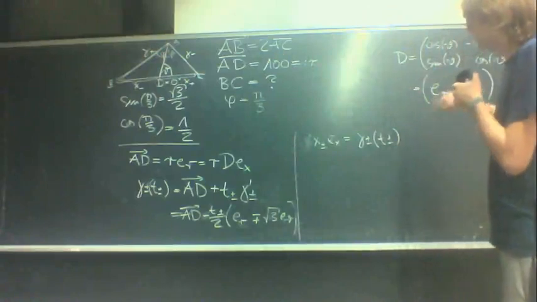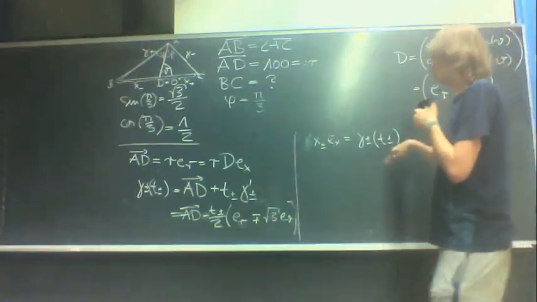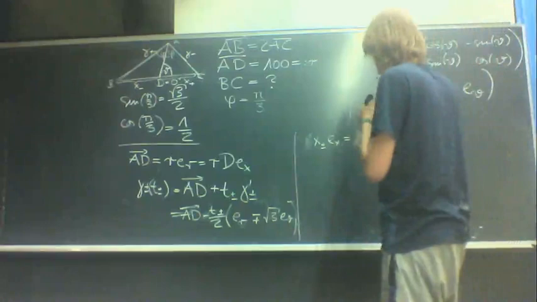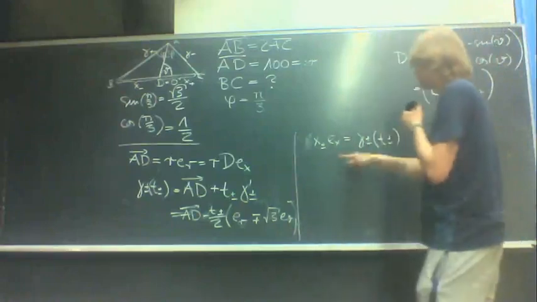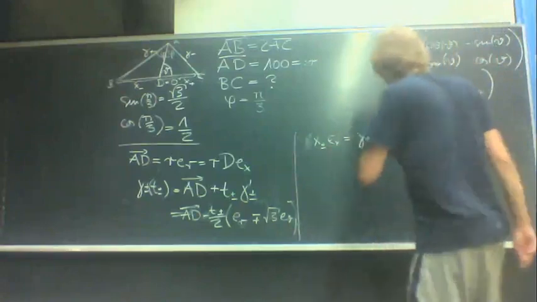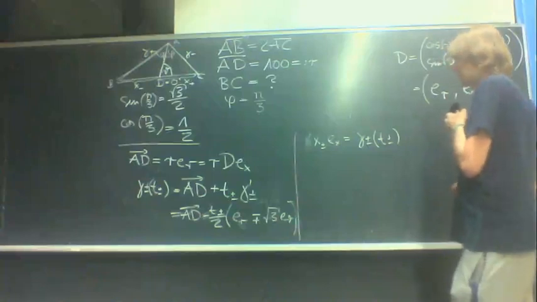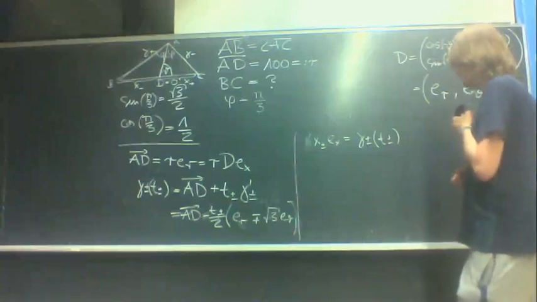So t plus will be AB and t minus will be AC. That's the point where those two lines will meet. Okay, fine. That's pretty nice.